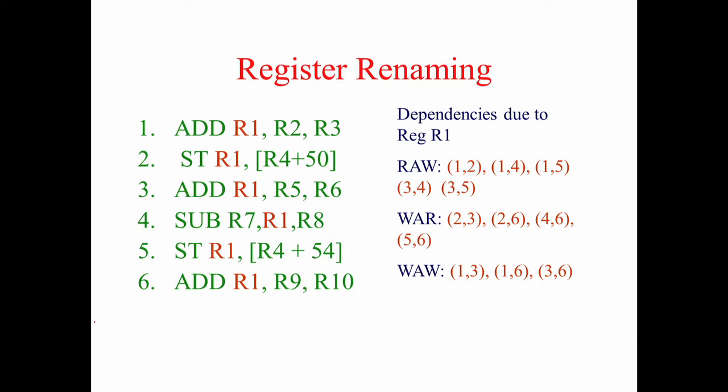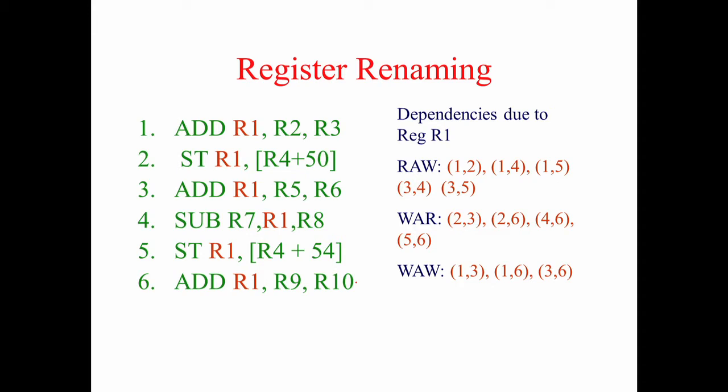Now, let us take this set of 6 instructions: add R1, R2, R3; store the result of R1 in R4 plus 50; add R1, R5, R6; subtract R7, R1, R8; store the result of R1 in R4 plus 54; add R1, R9, R10. Now, what are all the read after writes?